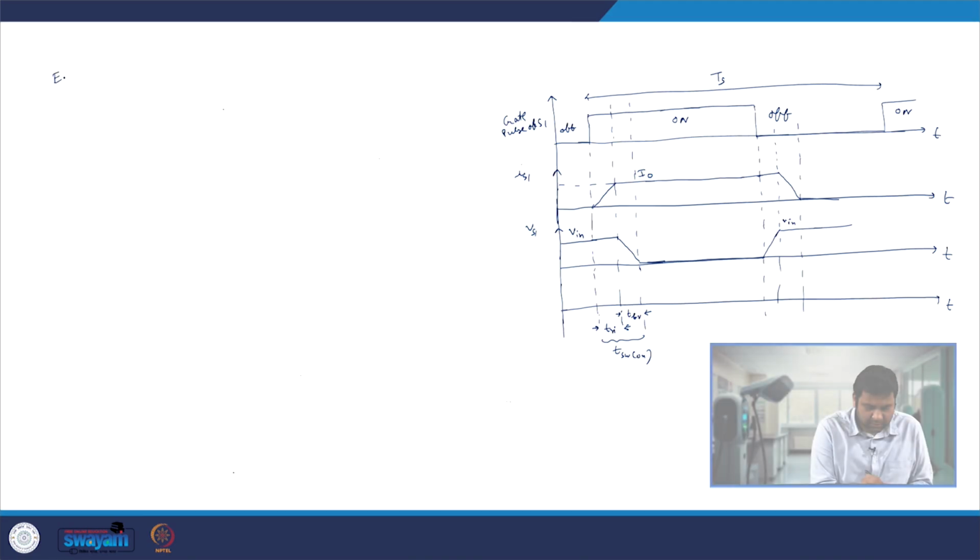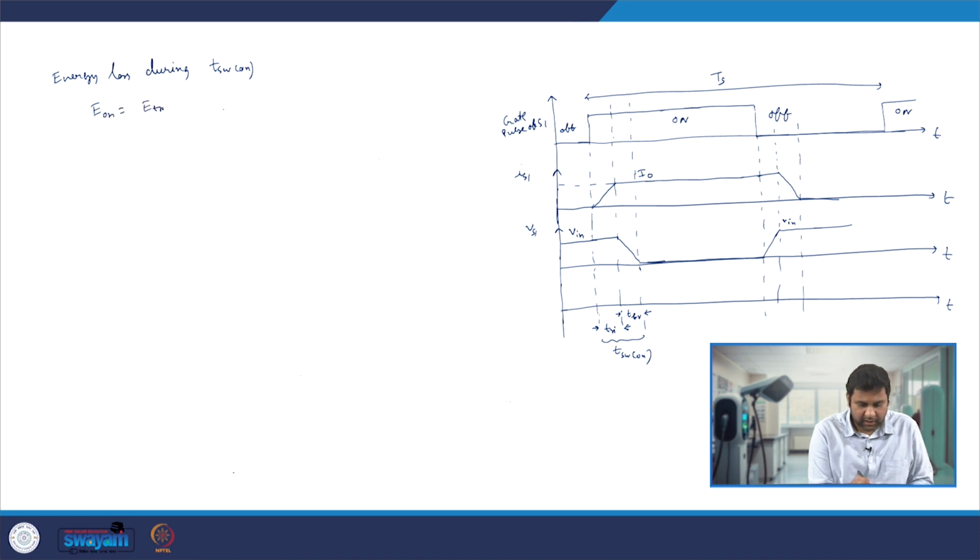So let us take the energy loss during the T switch on period. We can write E on as nothing but E_TRI plus E_TFV, which is V_in I naught by 2 times (TRI plus TFV), from equations 1 and 2.